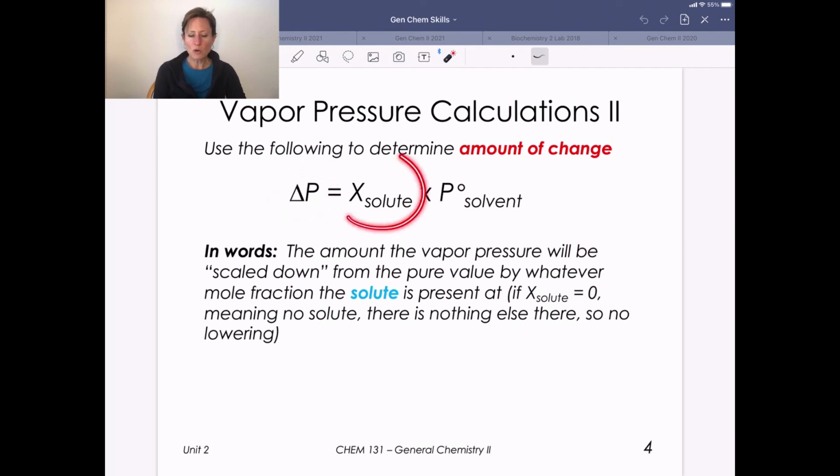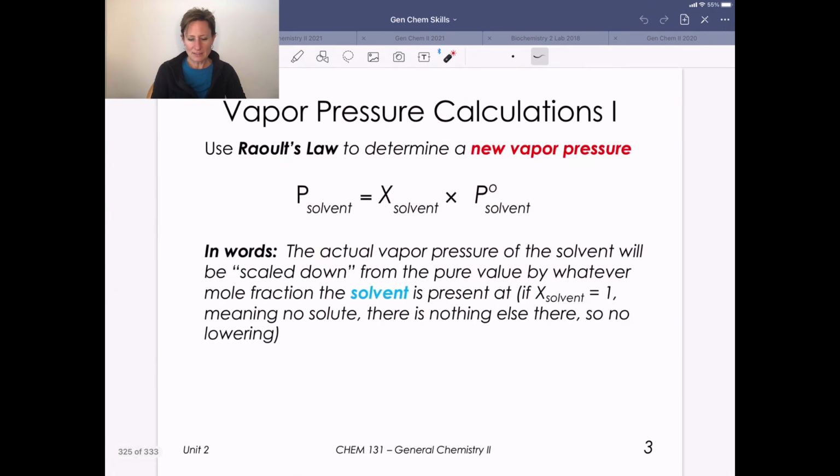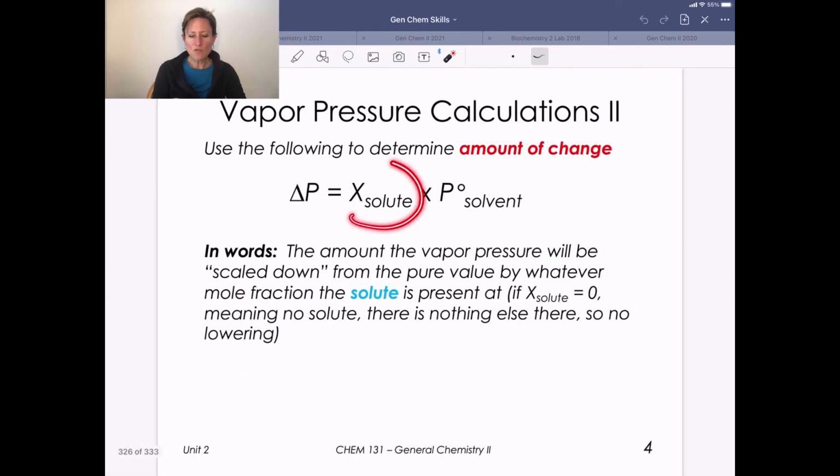And notice here we're using the mole fraction of solute. This was mole fraction of solvent. This was mole fraction of solute. Now let's think about this. This mole fraction can also run between 0 and 1. Let's imagine that we've got a pure solution of solvent. Well, that means that the mole fraction of solute is going to be 0.